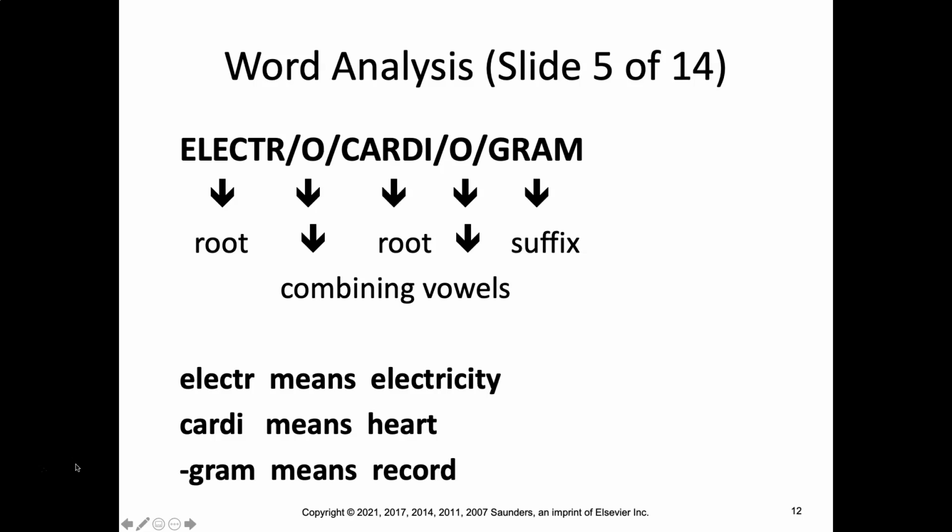And notice here you have two roots. You don't have a prefix, but you have two roots. And whenever you have two roots, you usually need a combining vowel. And notice here at the end, again, between the last root and the suffix, you again need a combining vowel, unless that suffix starts with a vowel. If the suffix starts with a vowel, you will not need that combining vowel there between the root and the suffix.